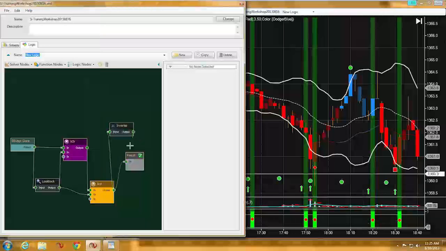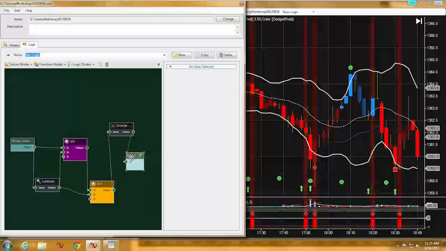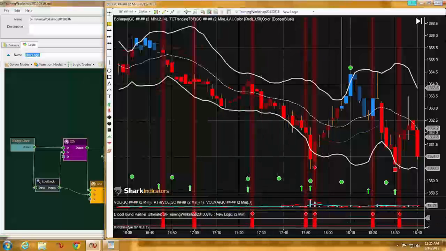And then we just needed to swap them or reverse them, not invert, but reverse them to get the shorts coming out.